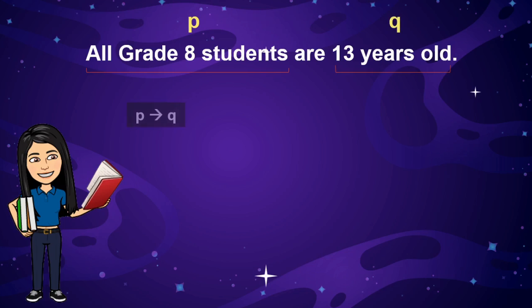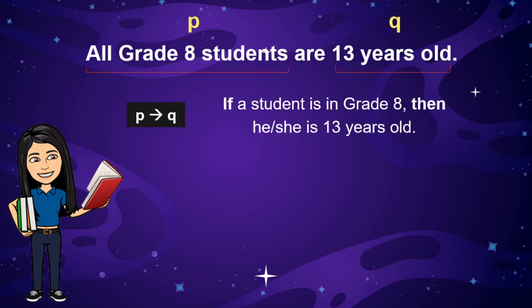So, pag sinabing write a statement wherein P implies Q, we will write an if-then statement. Write the word if, and then follow it by our P. So, if a student is in grade 8, then, sulat naman natin si Q. Then he or she is 13 years old.